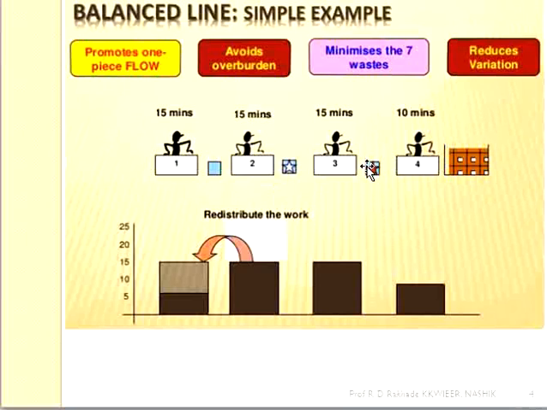We can minimize the bottleneck time or cycle time by avoiding overburden or minimizing the 7 mistakes, that is defect, overproduction, transportation, waiting, inventory, motion and processing, and reducing variation regarding change of product.